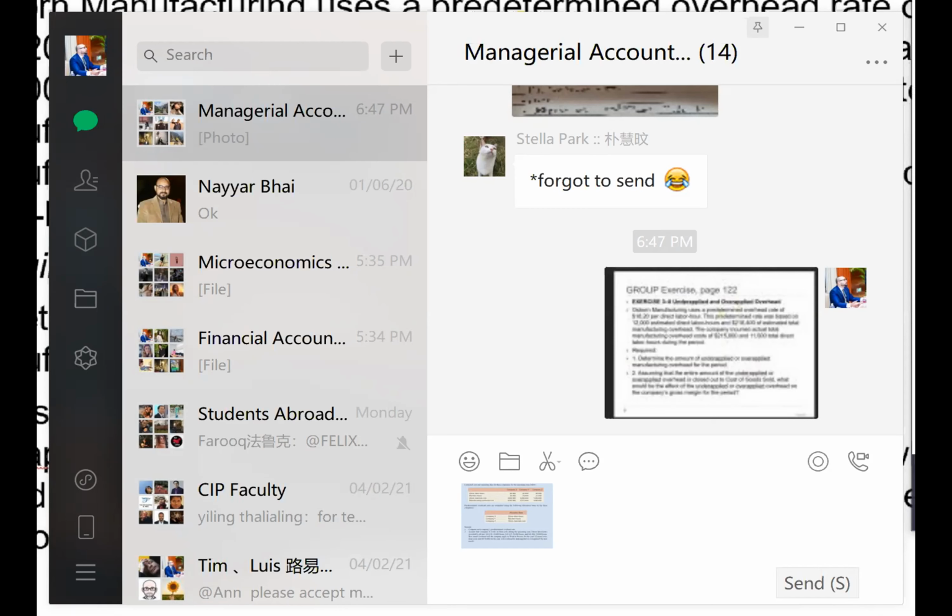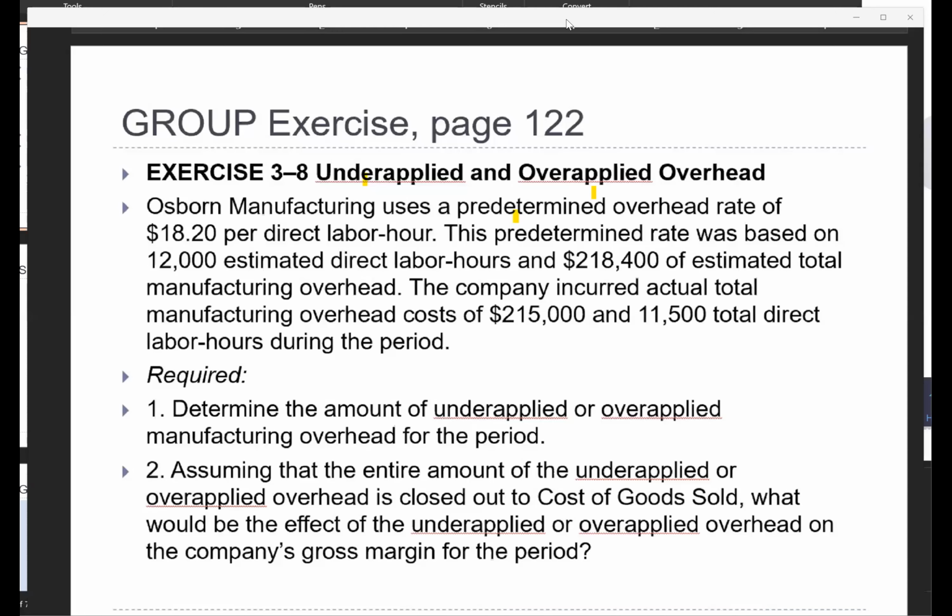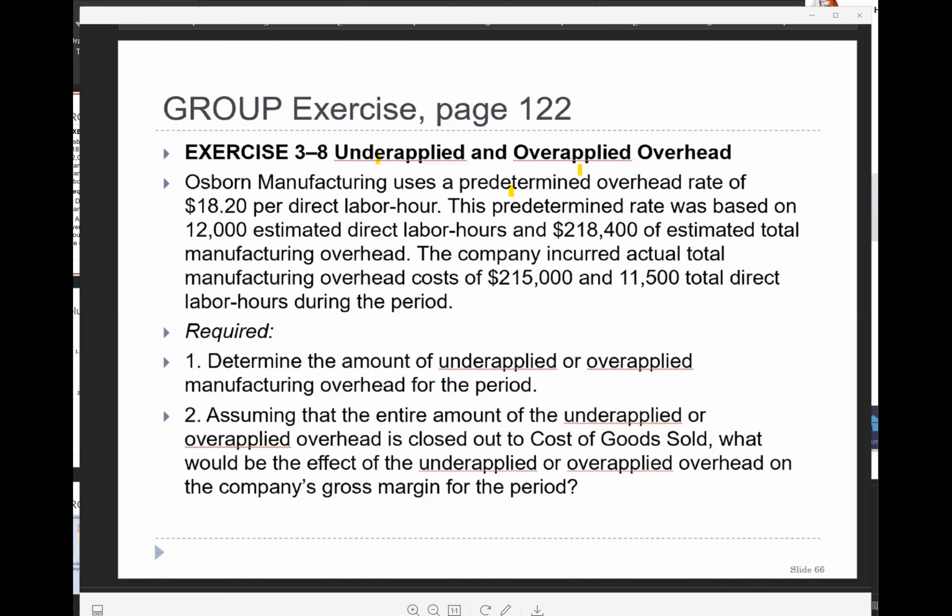Okay, so can you see the question here? Let me give you. Can you see that? Yes. Okay, so let me read this. Osborne Manufacturing used the predetermined overhead rate of 18.2, right? So that's your predetermined overhead rate.